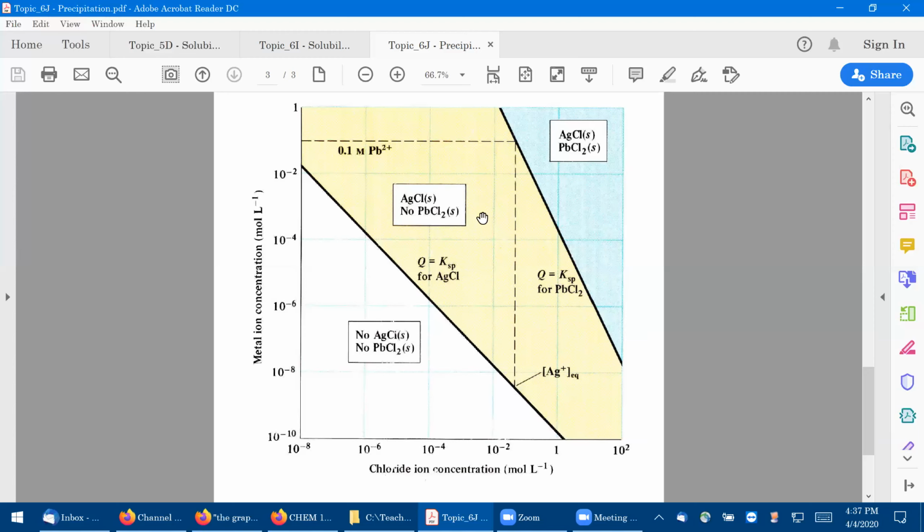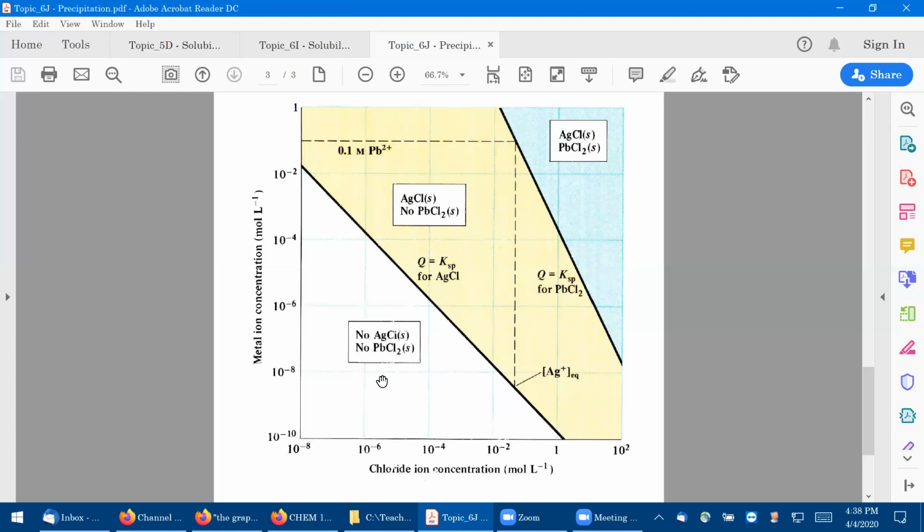Anywhere in this region, the Q is larger than the KSP of silver chloride. And so what will happen is that the silver chloride will precipitate until it reaches this line. But lead chloride in this region will not precipitate because in this region, the Q is less than the KSP of lead chloride. You'd have to be beyond this line, somewhere in here, for the lead chloride to precipitate.